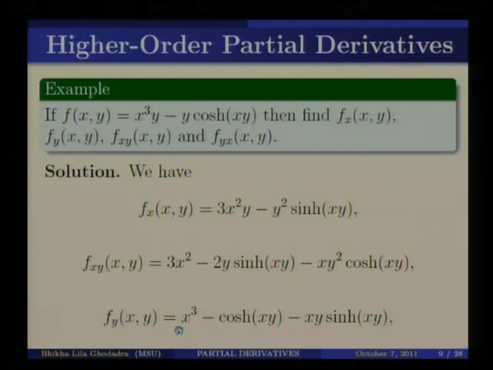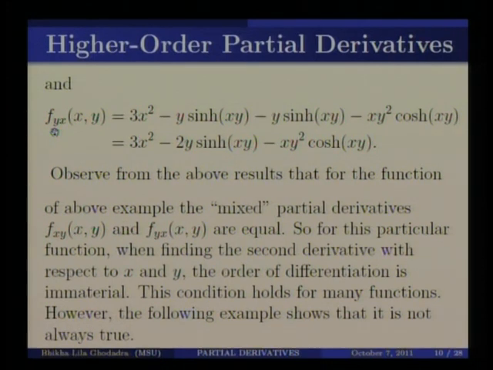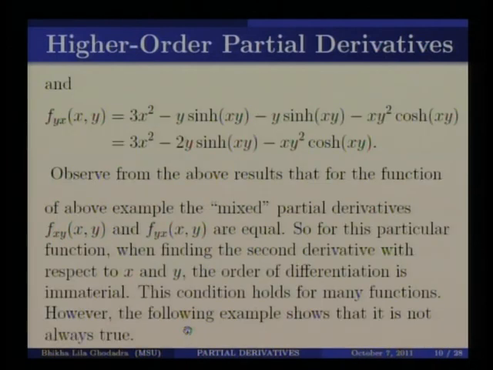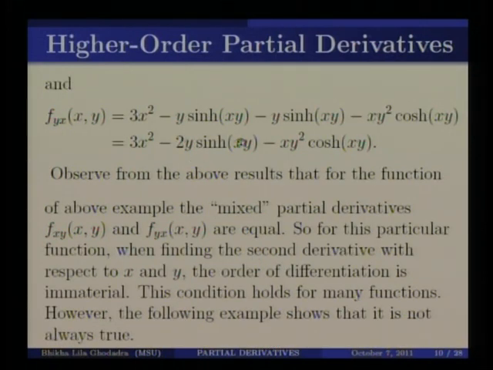So that will be our second first partial derivative, that is fy, and the derivative of that function, that is fyx, the first derivative with respect to y and then with respect to x, will be like this. You have x cubed, so the derivative of that will be 3x squared, and then you have cos hyperbolic xy, and its derivative is minus y times sin hyperbolic xy.